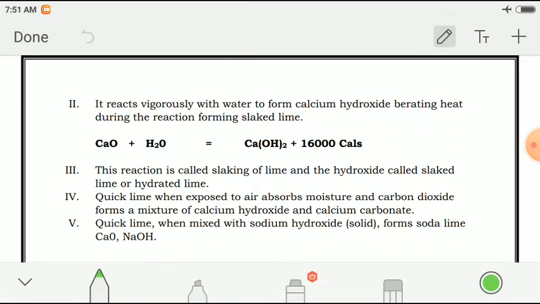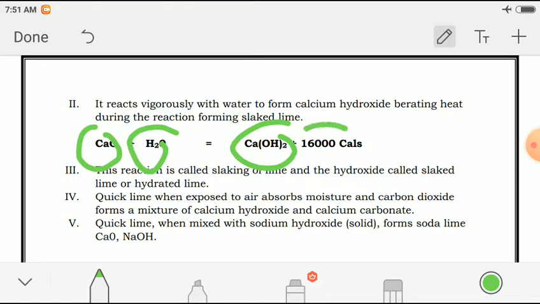See the reaction: when calcium oxide vigorously reacts with water it forms calcium hydroxide, and at that time 16,000 calories of energy will be liberated.